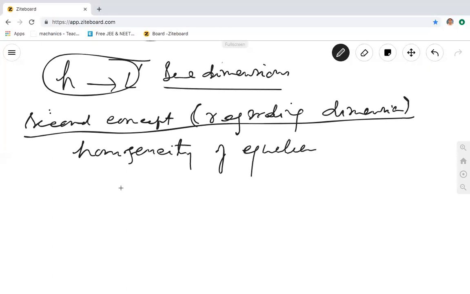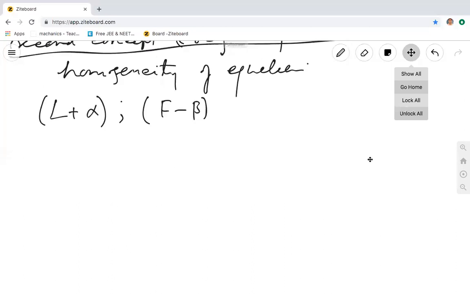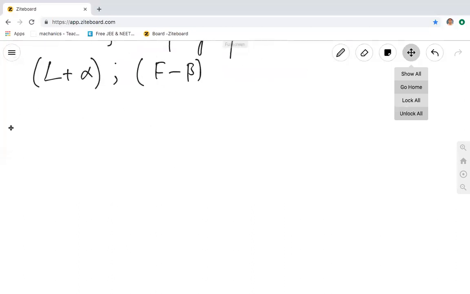I will give you some simple equations like L plus alpha, F minus beta. These are the two equations, right? Yes, sir. Good, very nice. So what do these two equations tell us?